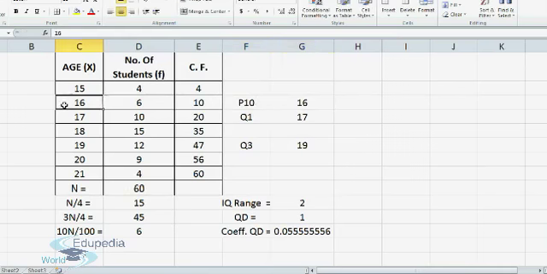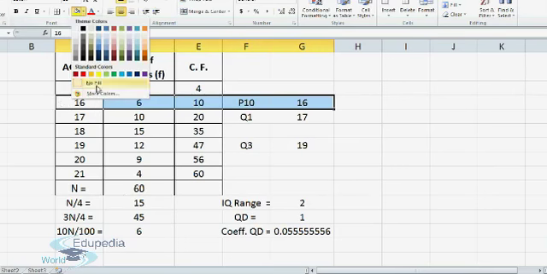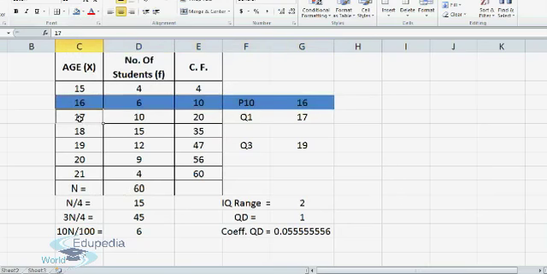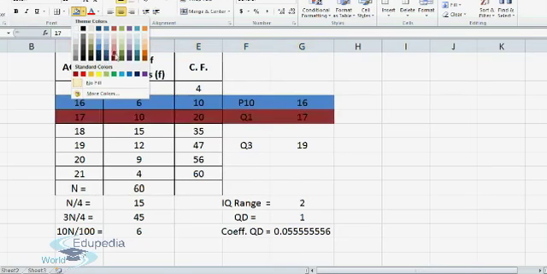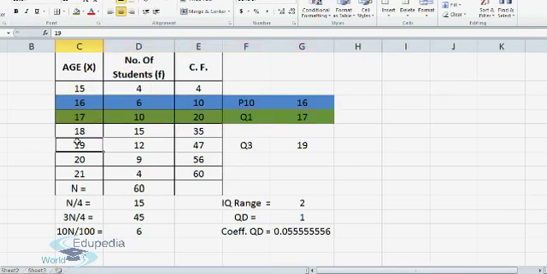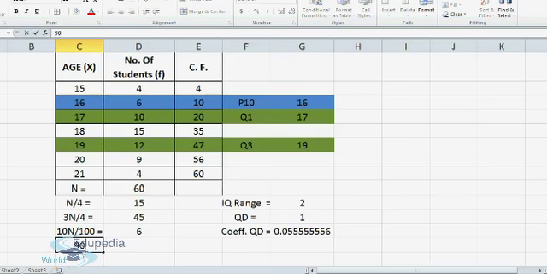Okay, let me give them some color. Say, a shade of blue for this, and let me give a shade of green for Q1 and Q3. Okay, and similarly to find the 90th percentile, I'll have to do 90n by 100.